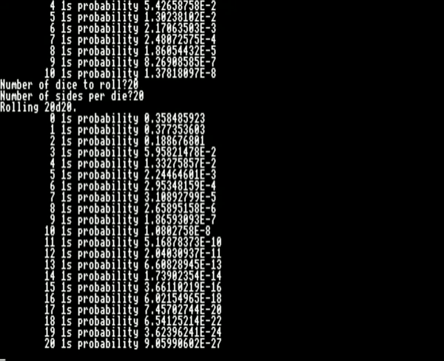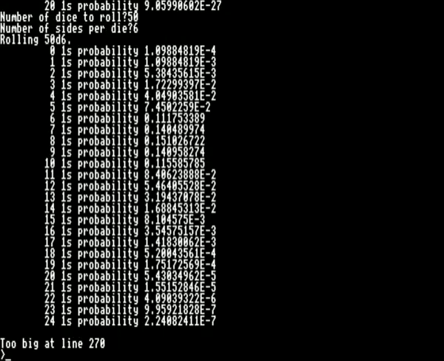The probability of getting straight 1s, 9 times 10 to the negative 27. That's a really small number. It got to line 270 and told me to write off. That's trying to calculate the number of combinations of 25 from 50. Not happening.